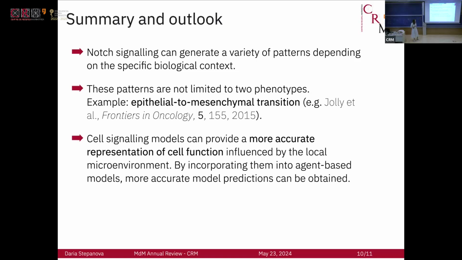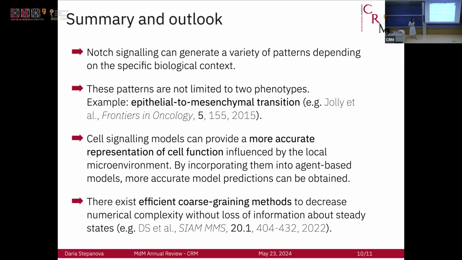And exactly, as I said to you, it is good to use those cell signaling models instead of just determining rules for different cell types that you introduce in your agent-based simulations. Because they can more accurately represent the function of the cell, because it's exactly perceived from the cell environment and not just determined by what the modeling researcher is telling the cell to do.